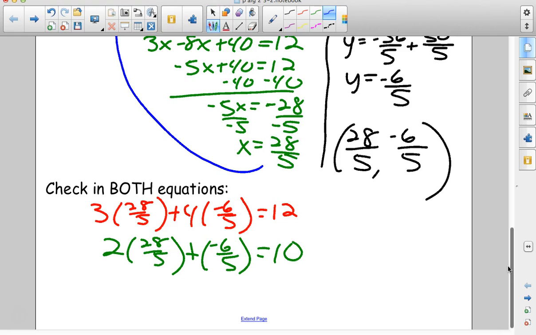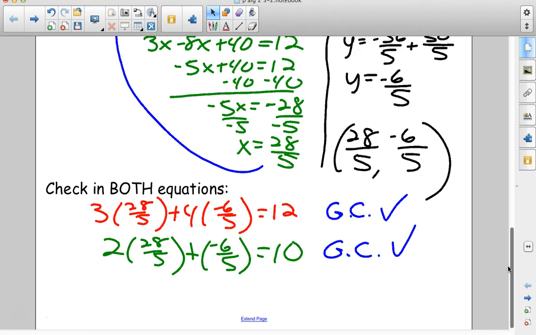So on a test, I might do this: GC, check. That one's good, but it has to work in both. So 2 times 28 fifths plus a negative 6 fifths is 10. GC, and all is good.